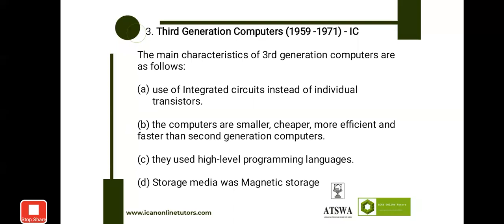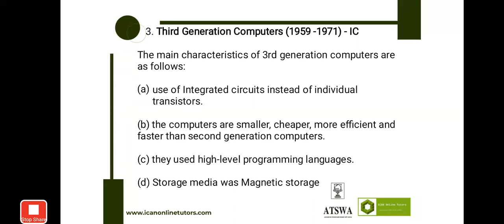A, they made use of integrated circuits instead of individual transistors. You know that the first generation was vacuum tube, second generation transistors, third generation integrated circuits. So instead of transistors used in the second generation, there was an upgrade, and we now had what we call integrated circuits. So in this third generation, the computers were smaller.